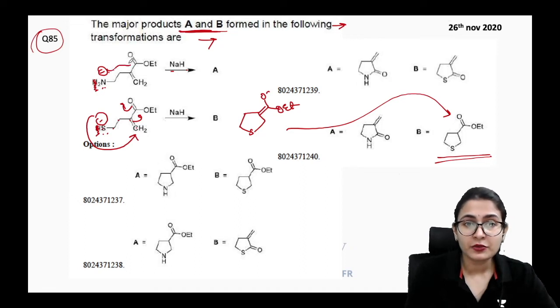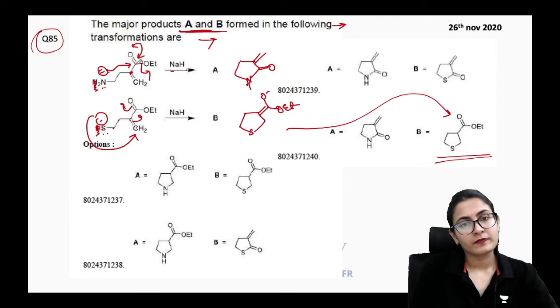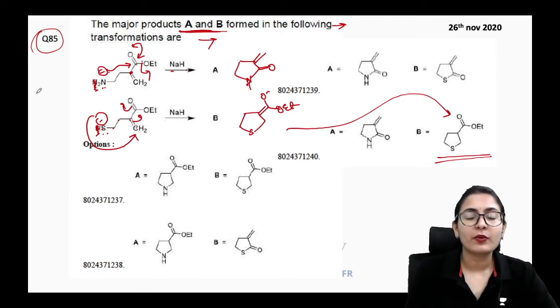Nitrogen is going to do the direct addition. Yes, absolutely. Why is the difference?